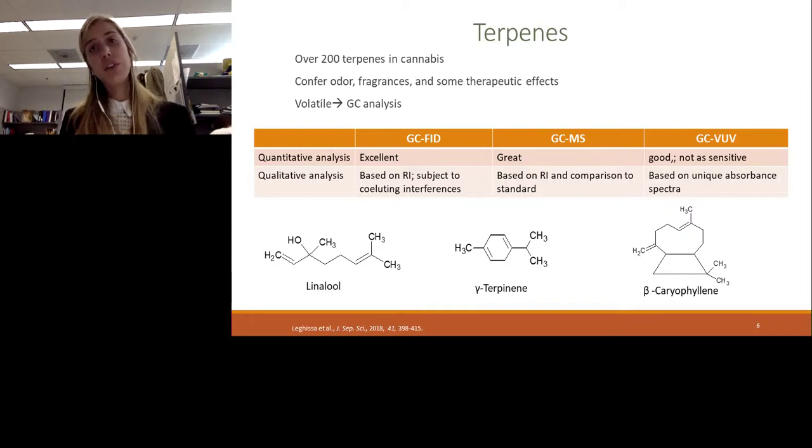And it's good for quantitative analysis, but it's not as sensitive as the other 2 detectors, but it's extremely reliable when used for qualification because each molecule is going to give a specific and unique absorbance spectrum, even when analyzing isomers that may be tricky with the other 2 detectors.